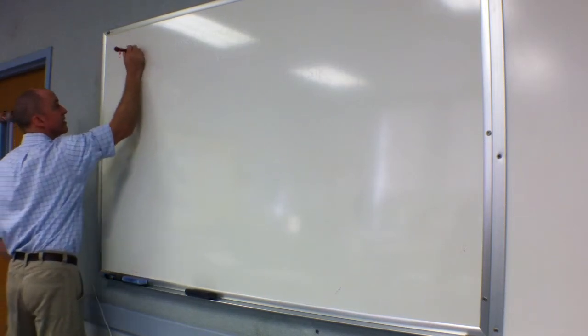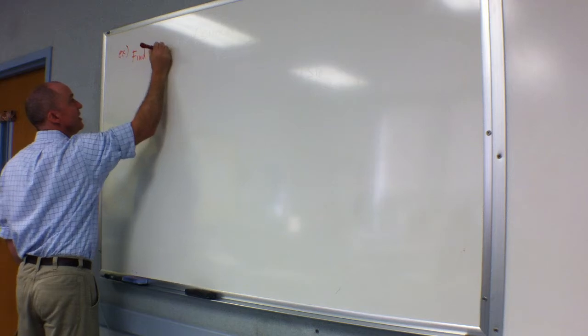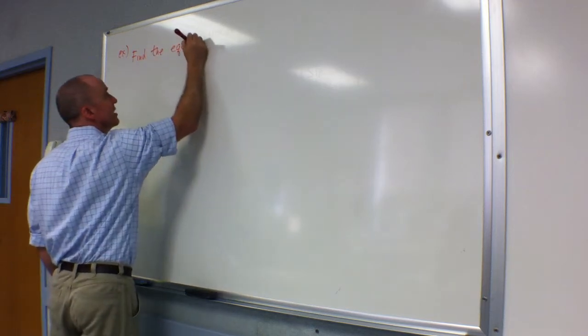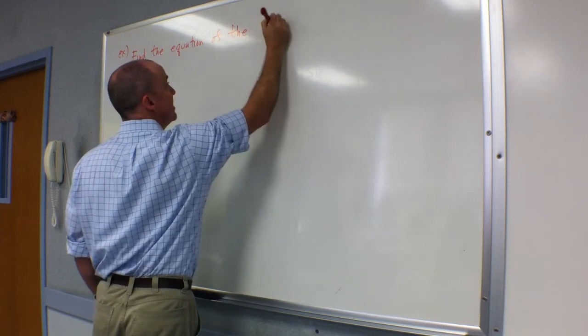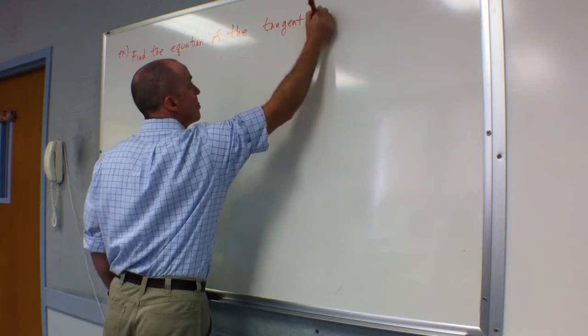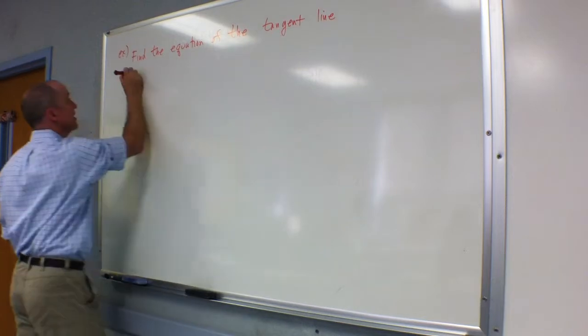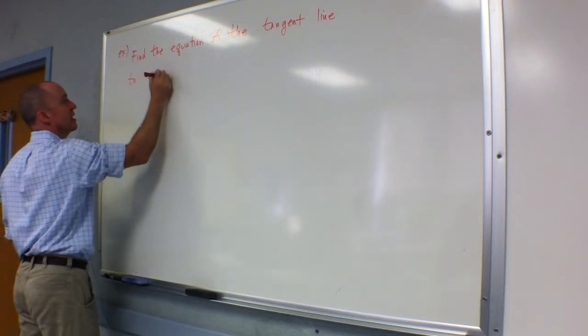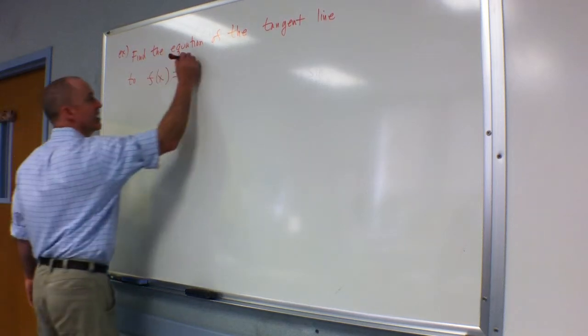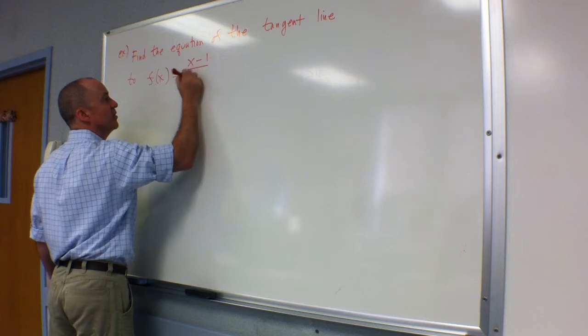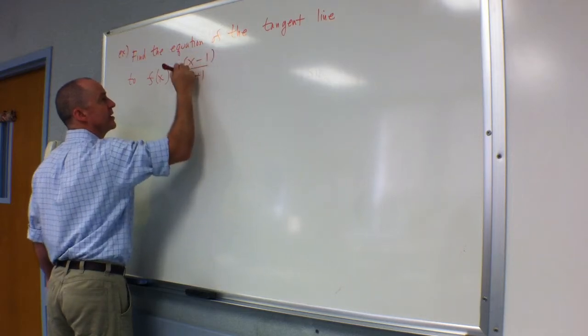New example. Find the equation of the tangent line to f of x equals, I'll pull this example out because it's similar to the homework, x minus 1 over x plus 1.